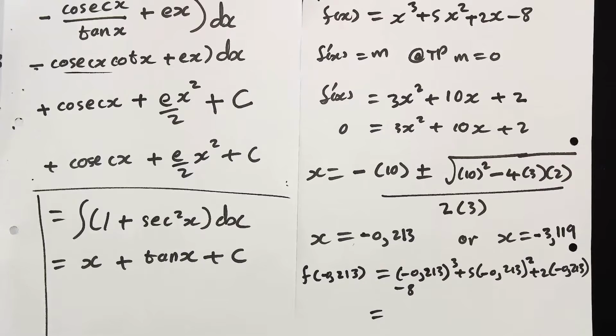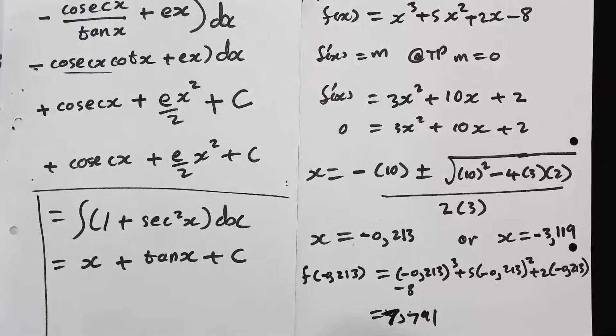What is the value of y? It's 7 comma 791. So 7 comma 791.